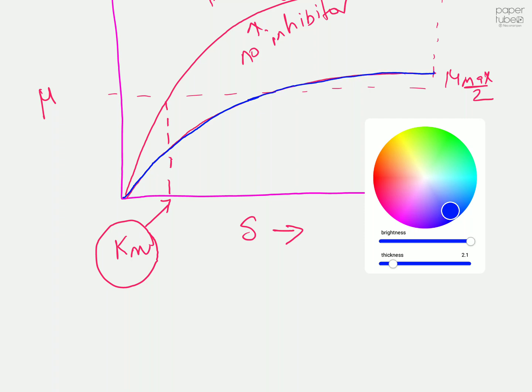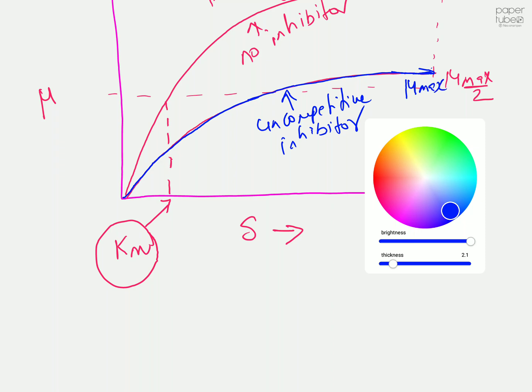That's your initial velocity as a function of substrate when we have an uncompetitive inhibitor. And you see here that mu max is dropped by some amount, so this part will be roughly equal to mu max.